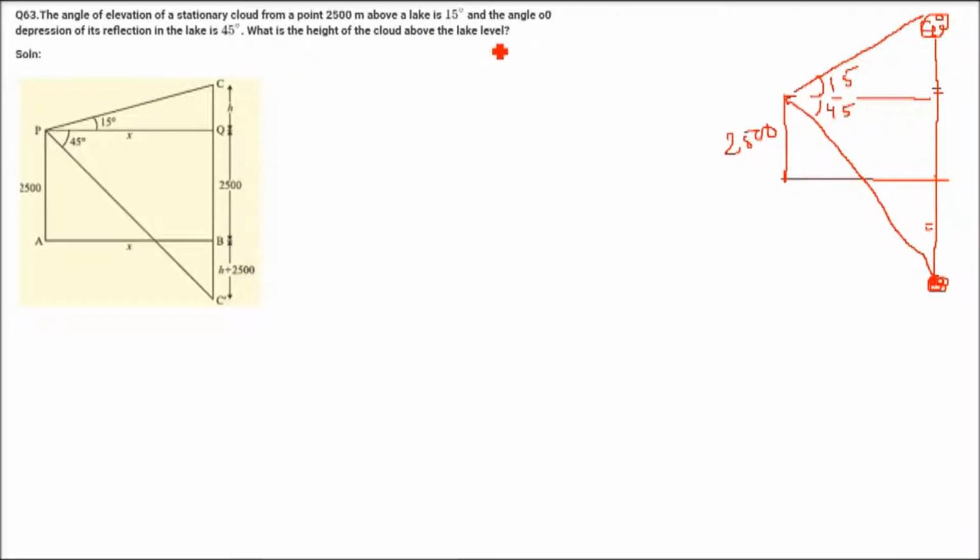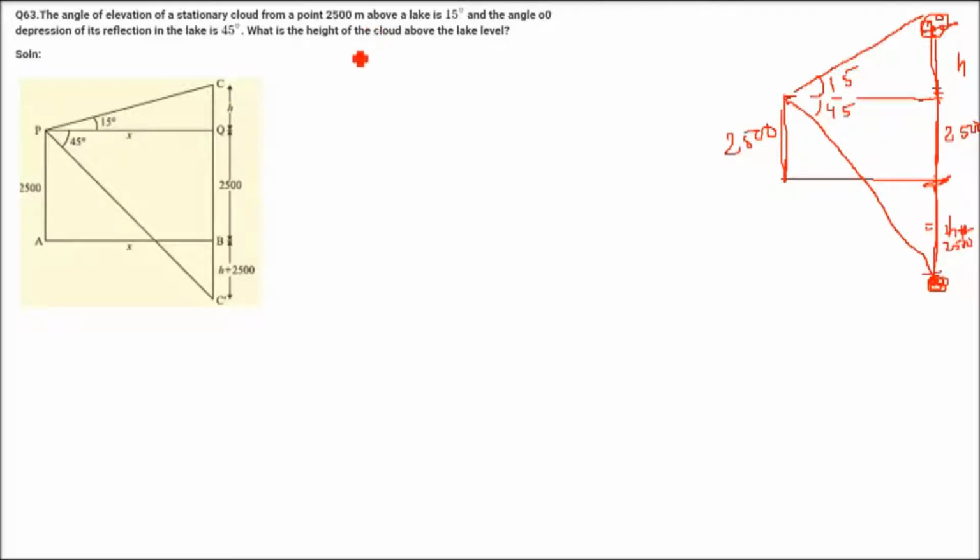What is the height of the cloud above the lake? So this is 2500, and this is h. So this is h plus 2500, and the distance from the reflection to the lake is also h plus 2500, because this length has to be equal to that length. That is the main concern.